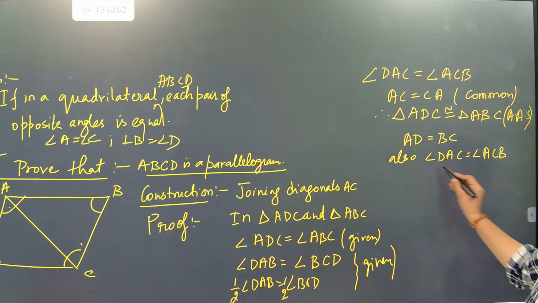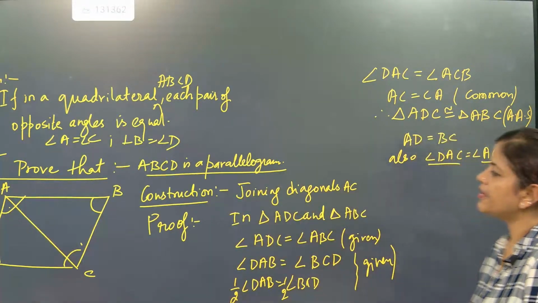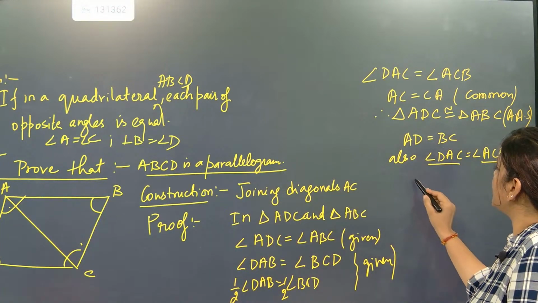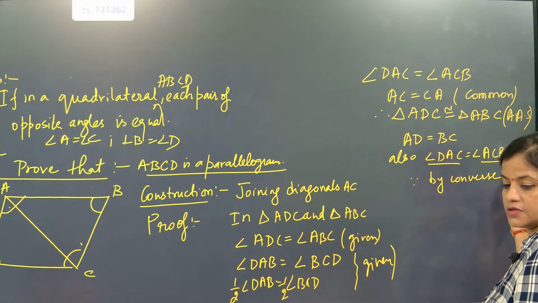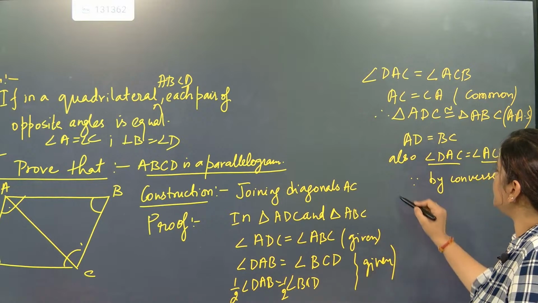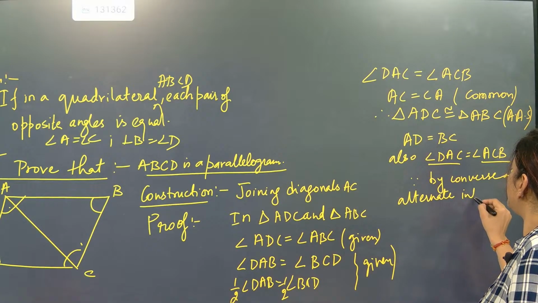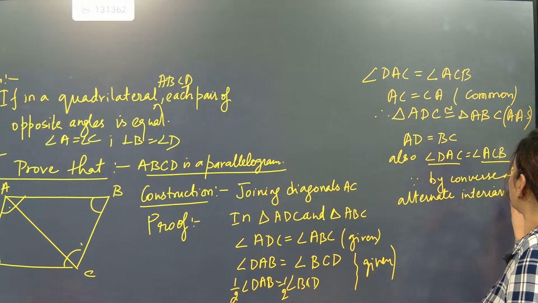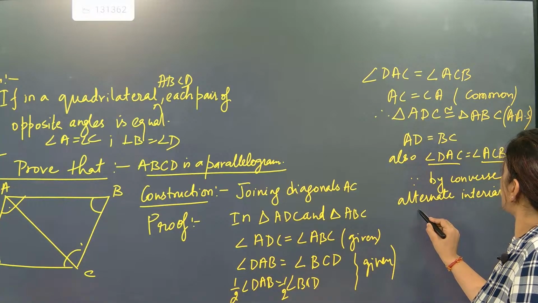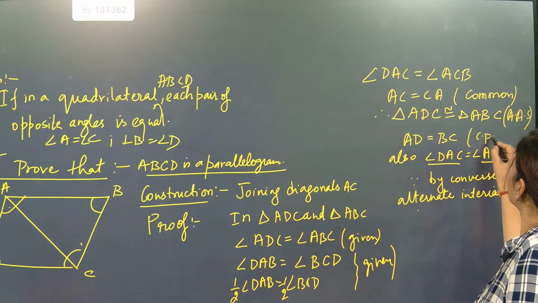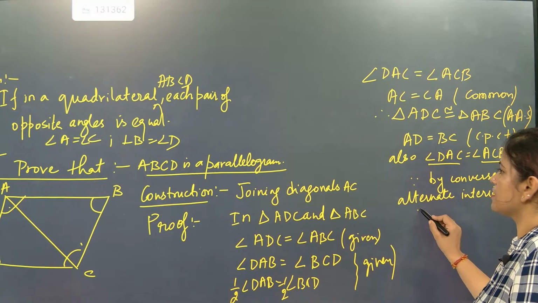So angle DAC is equal to angle ACB. Now that part is also done, beta. So what we are going to show, therefore, by converse of alternate interior angle, what can we say?